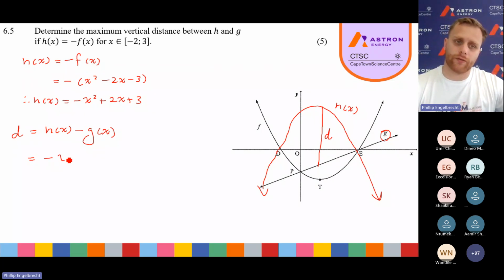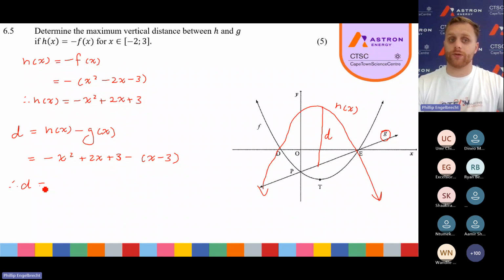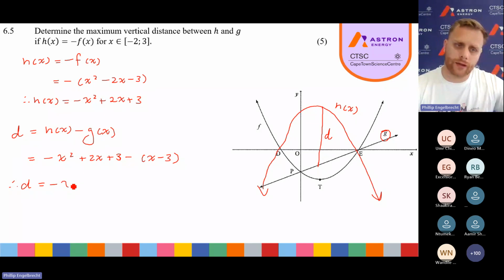So that becomes negative x squared plus 2x plus 3 minus x minus 3. And therefore, the equation for the distance between h and g can be written as negative x squared minus x plus 6.